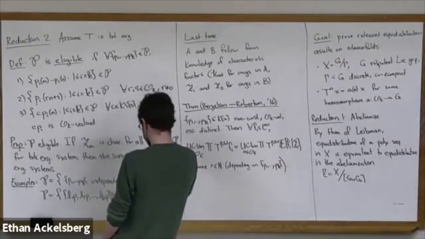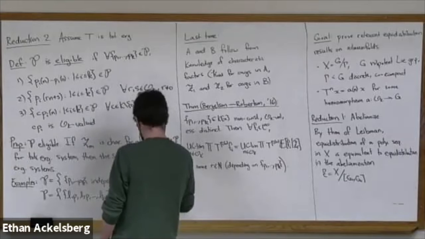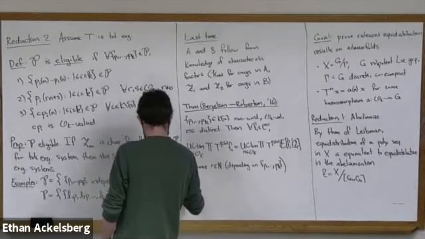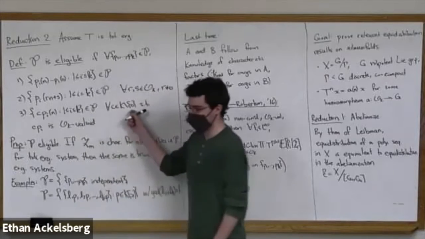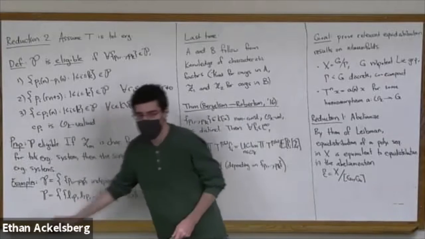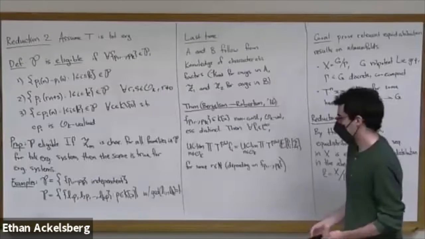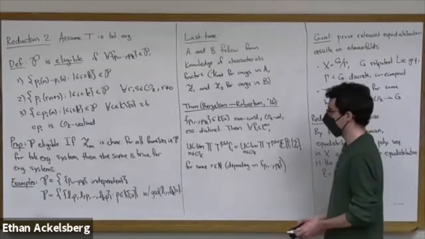And I think, let's see, to make this work, I need to assume that the GCD of the L's is equal to 1. Otherwise, property 3 is not going to work. Okay. So this should be relatively easy to check.